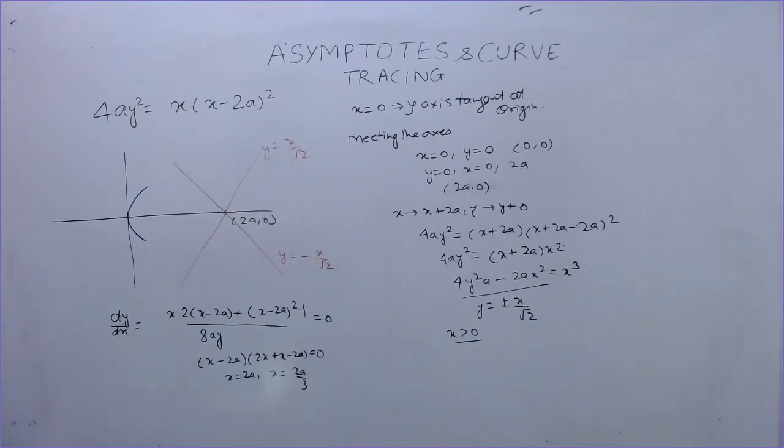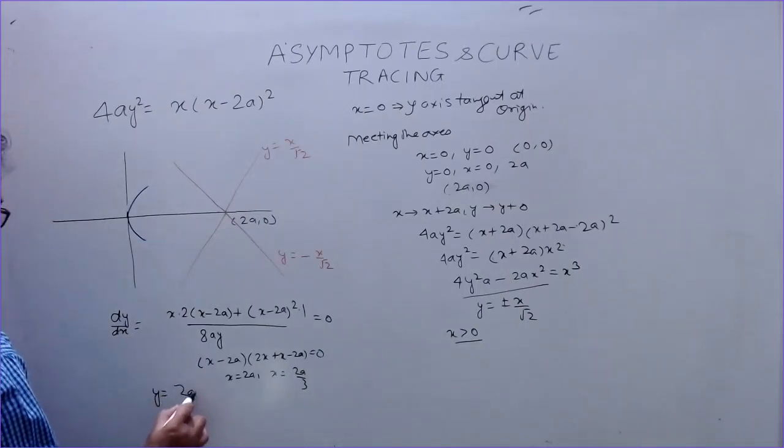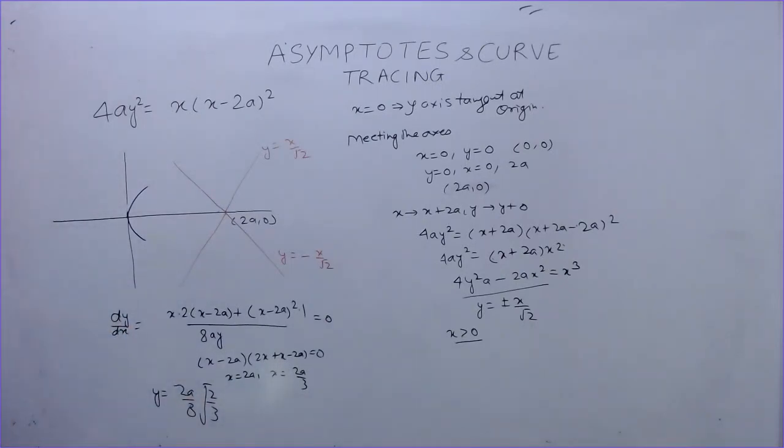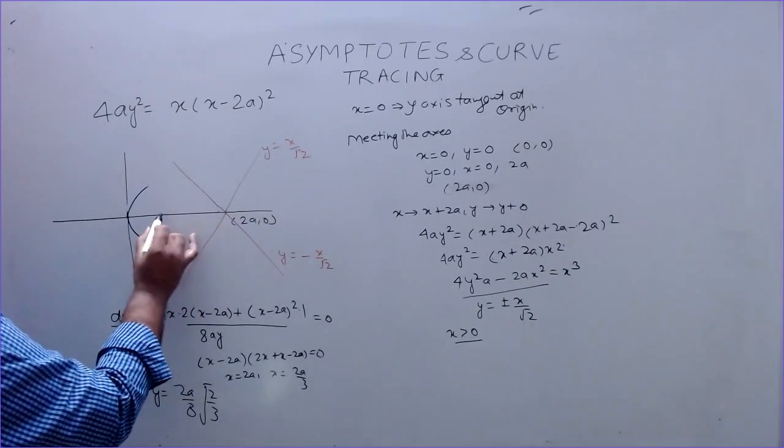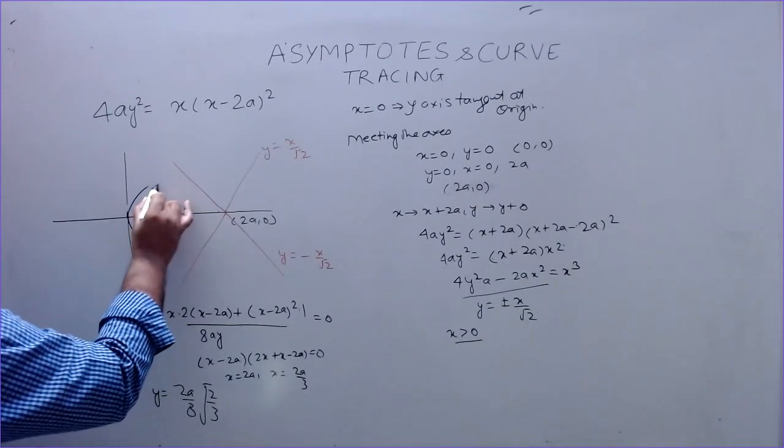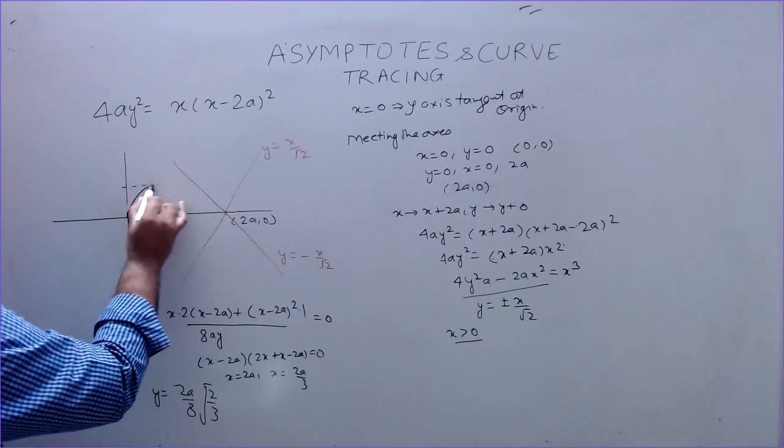So at x equal to 2a by 3, if you find the value of y by putting the value of x in this equation, this is 2a by 3 root 2 by 3. It means that for x equal to 2a by 3, somewhere here the value of y is maximum.